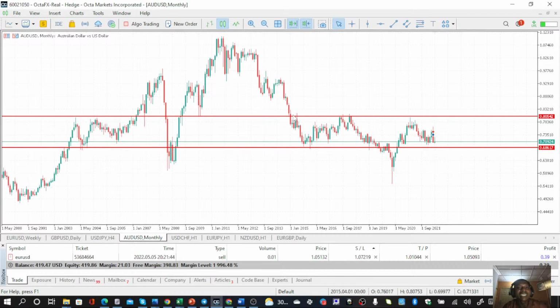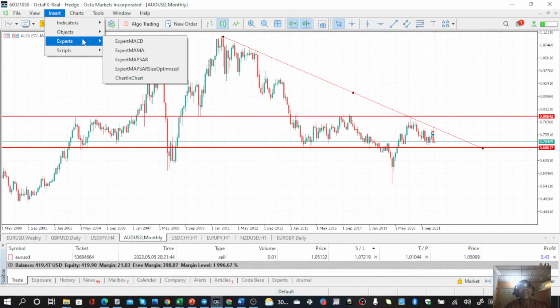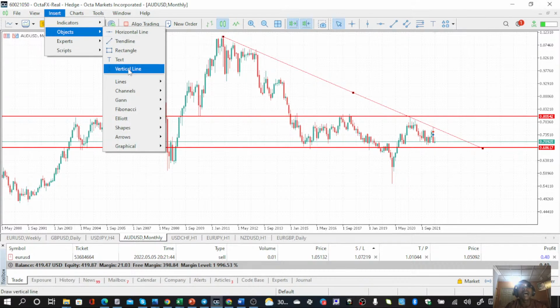Now, as you can see from this chart here, price has been consolidating for months. However, the market is in a downtrend. So when you open this market, you can also spot a descending triangle on the monthly time frame.